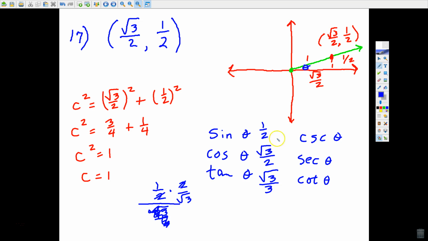Okay, now let's work on the reciprocals. They'll be pretty easy. For cosecant, we just do the reciprocal of 1/2. That's 2. For secant, you just flip over square root of 3 over 2 and rationalize: 2 over the square root of 3, and then we rationalize it. So that's 2 root 3 over 3.